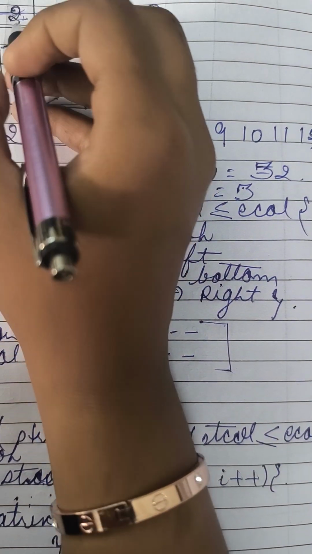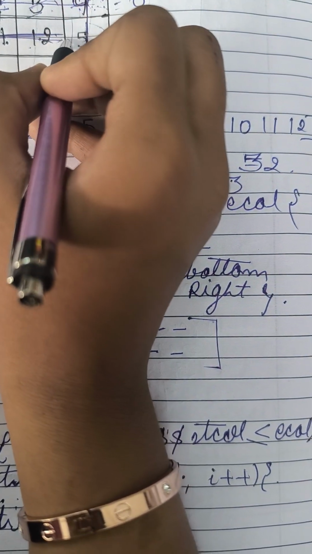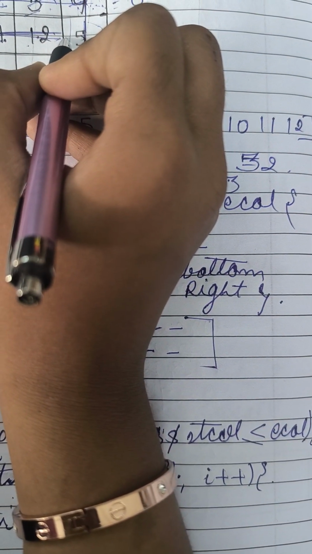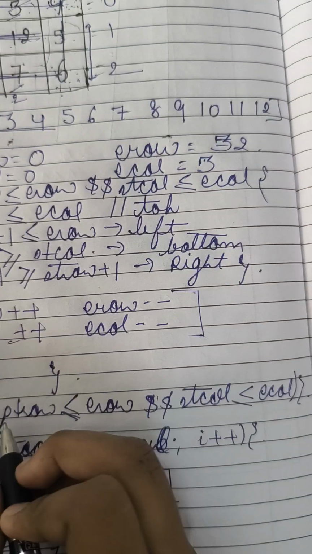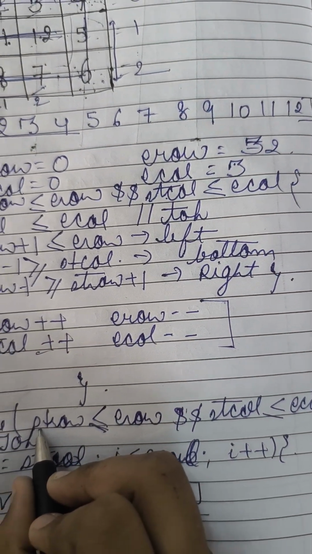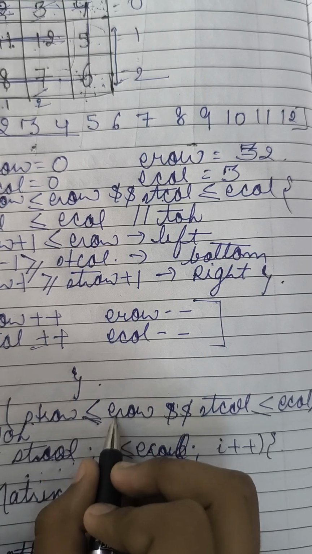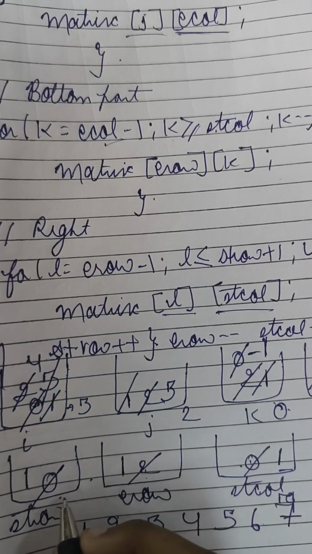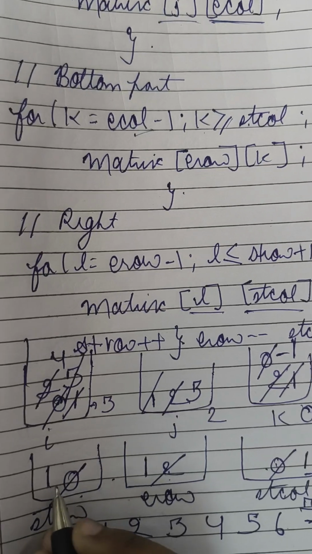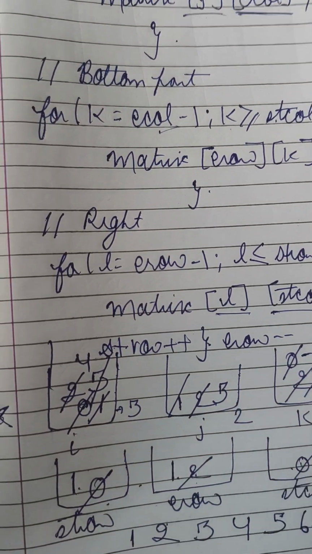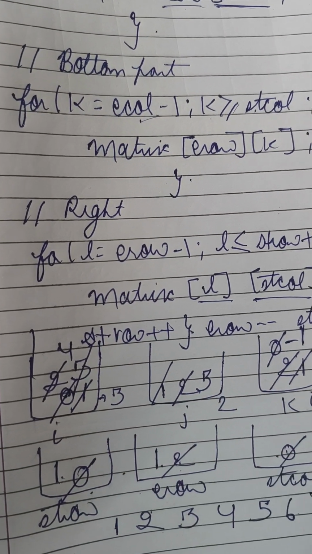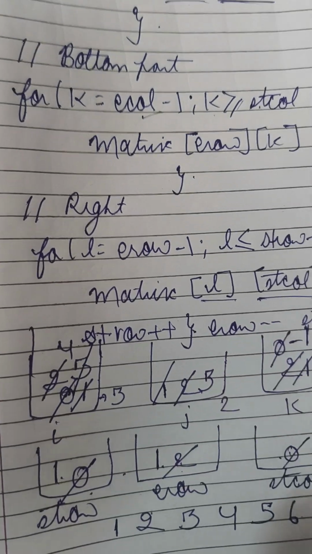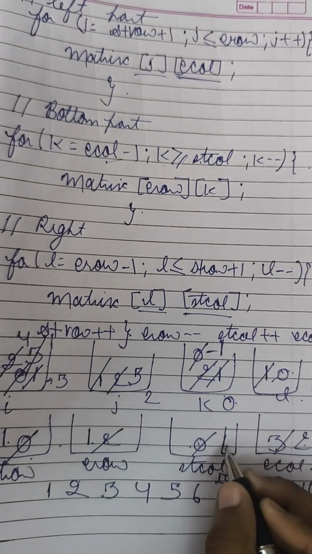So I am going to take the starting column first and the ending column. And before this condition applies, you have to fulfill this: starting row should be smaller than or equal to ending row, and starting column should be smaller than or equal to ending column. Check the condition. Is it so? Yes, it is smaller than, so it is fulfilling over here also.